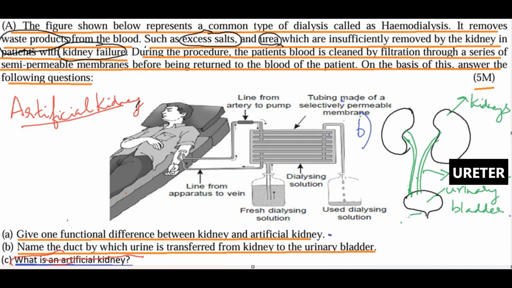So during the procedure, the patient's blood, this is a patient here, is cleaned by filtration through a series of semi-permeable membranes before being returned back to the blood of the patient. So in this diagram, you can see that the blood of the patient is taken to this series of semi-permeable membranes.